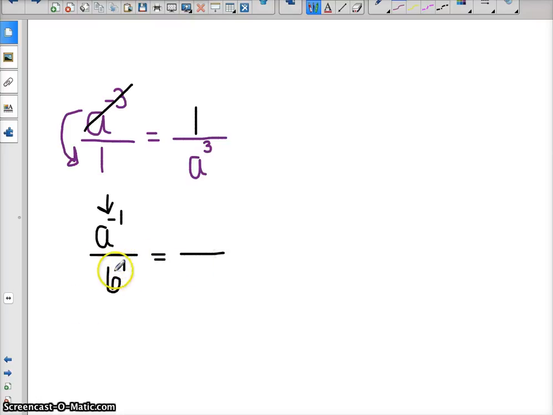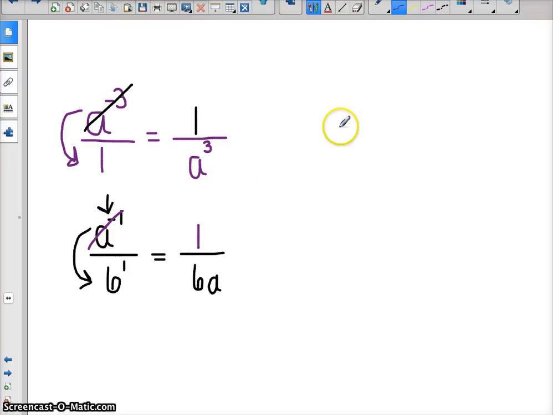Remember, when we see no exponent, we assume that the exponent is +1. So the 6 stays the same. But it's the a that has a negative exponent, so we move a to the -1 to the denominator, and its exponent turns from -1 to +1. Remember, when we move that, it cancels that base and its exponent out, and that becomes 1.